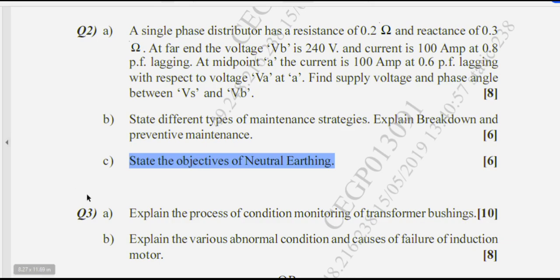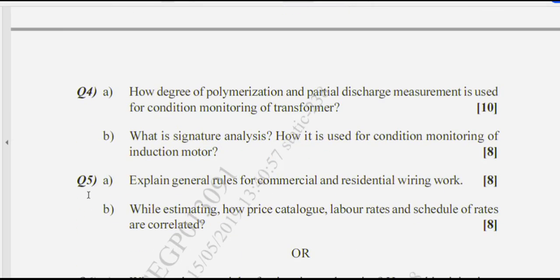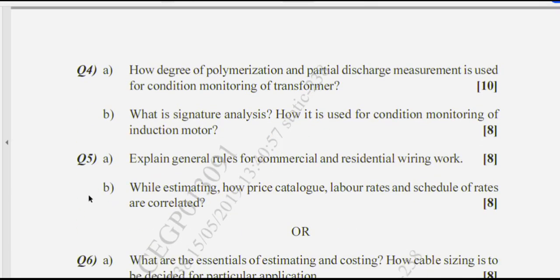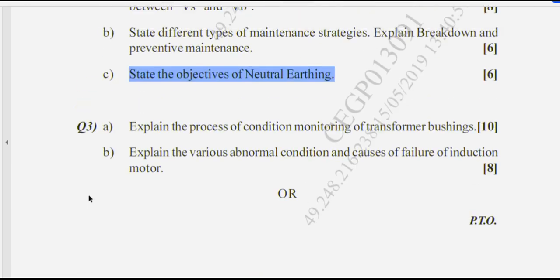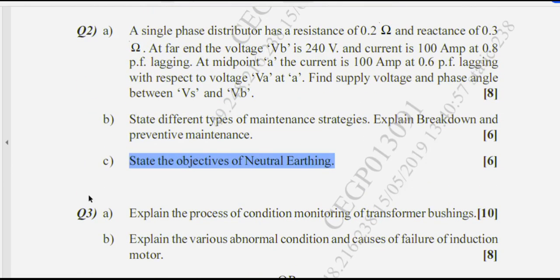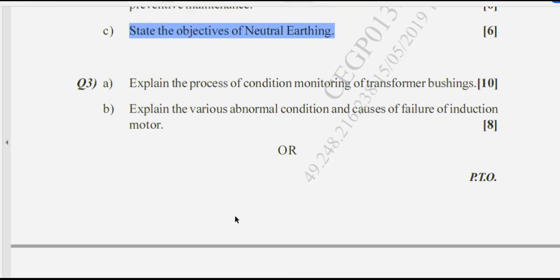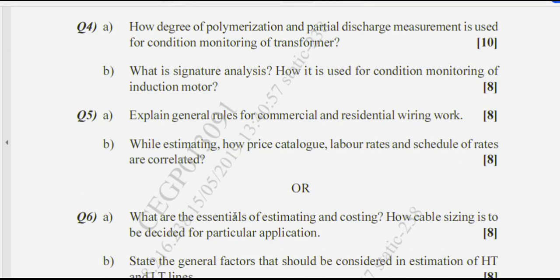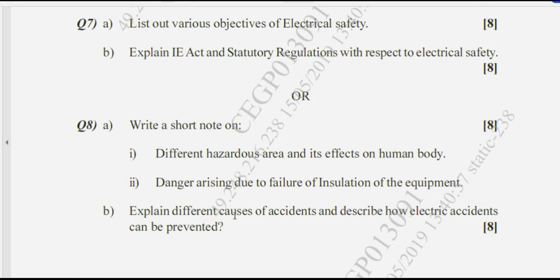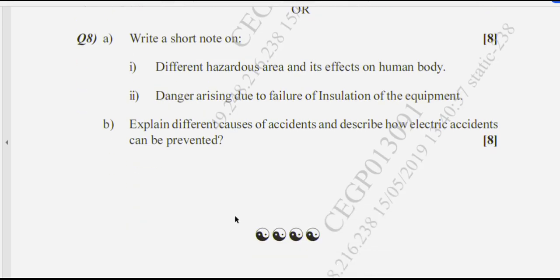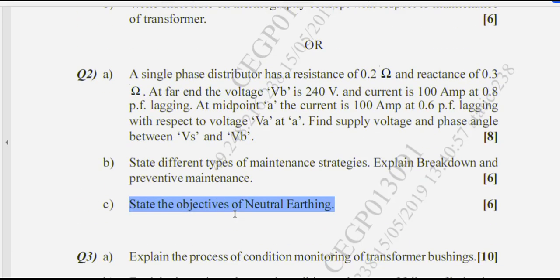That is called earthing. Then the next question from this unit. So that's it from this unit for this paper.